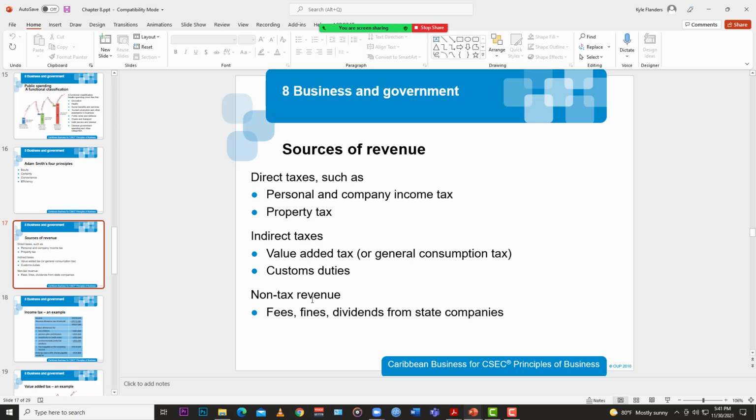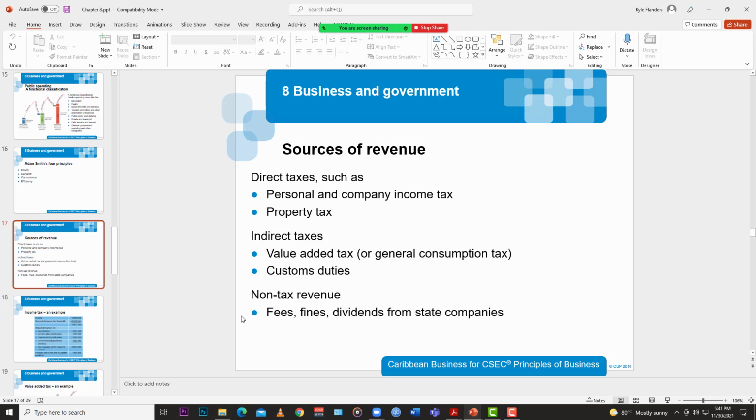Examples of these taxes would be things like VAT. A lot of us are familiar with value added tax, VAT, or general consumption tax. And then you have things like customs duties. Why they are indirect is that they do not come directly from your salary, from the source. You have to do something in order to pay those taxes.